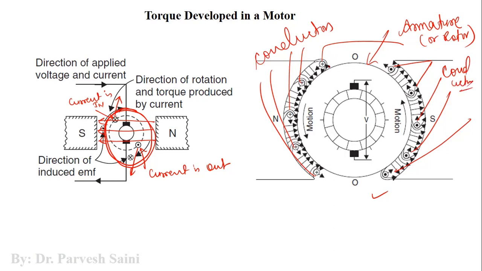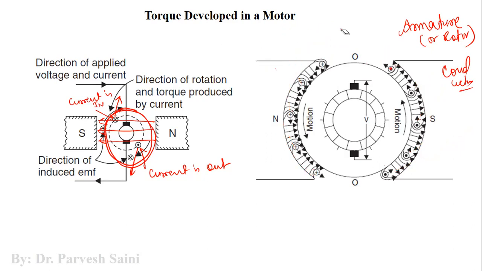Now we have 1, 2, 3, 4, 5, 6, 7, 8, 9, 10 conductors. Let us say this conductor is connected to this conductor back to back. We cannot see the connection here, but conductors are always in pairs, so we have, let us say, 5 pairs here.